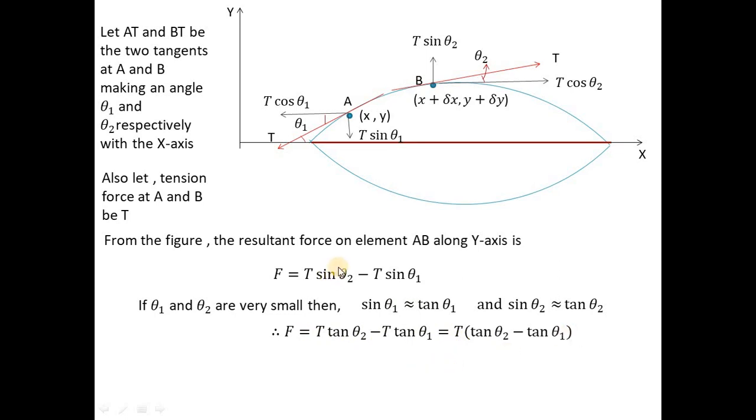Now we know from the definition of the tangent that tan θ is equal to dy by dx for this xy plane. So in place of tan θ2 we can write this, and in place of tan θ1 we can write this, that is d/dx of (y plus del y) minus d/dx of y.